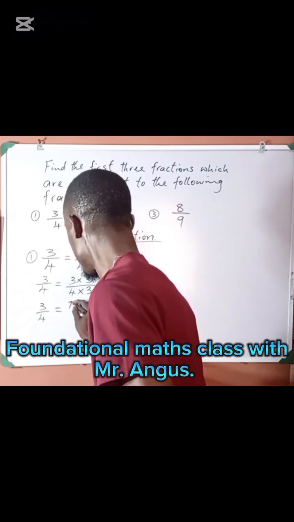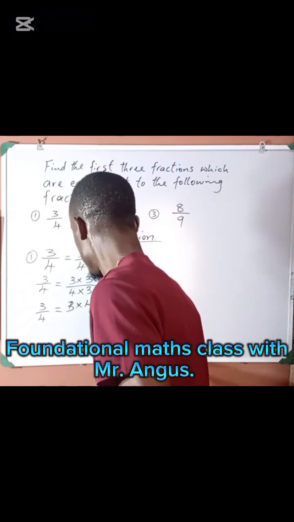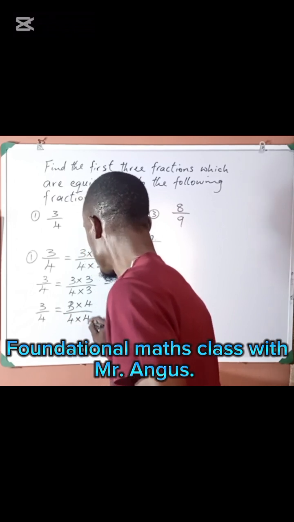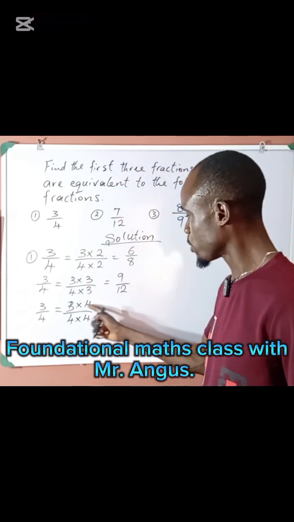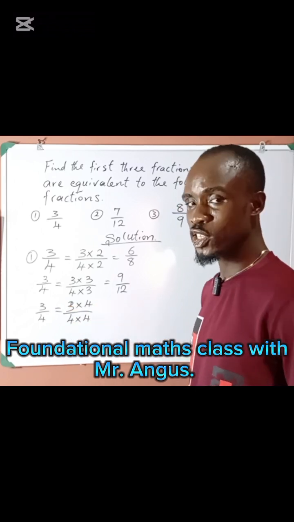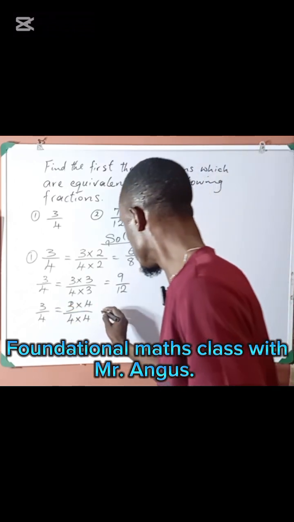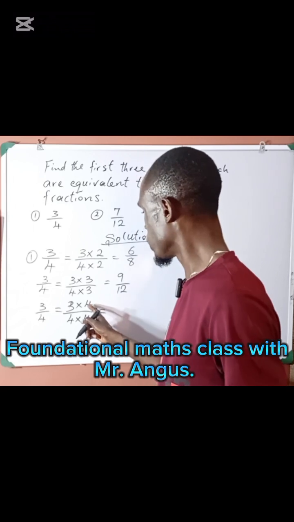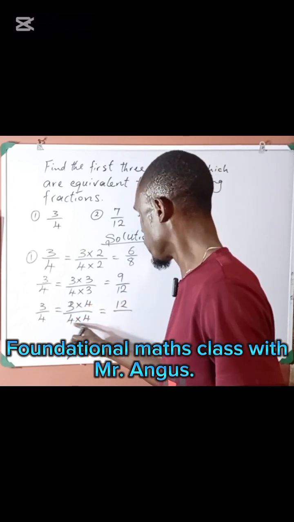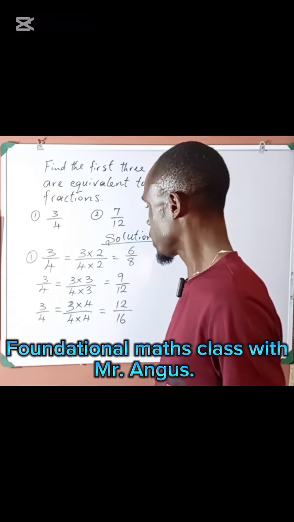Then again, the same number, we also multiply it by 4 all over 4 times 4. If you look at this, you see that the same number which multiplies the numerator is that same number that multiplies the denominator. That is how to get equivalent fractions. And this will give us 4 times 3, 12 all over 4 times 4, 16.